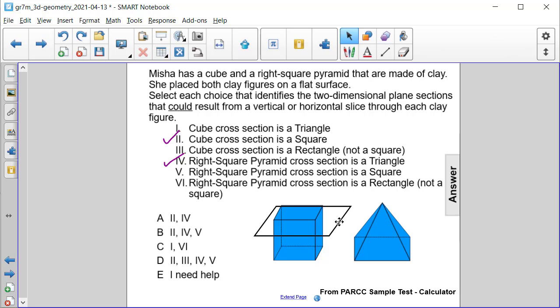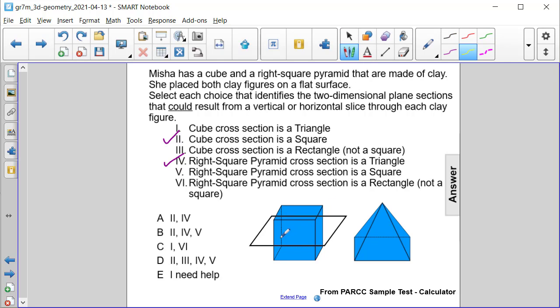Okay, so here's one, and when this one intersects the cube, it's going kind of like this if it aligns with the front. This also looks like a square, so that still goes with two.